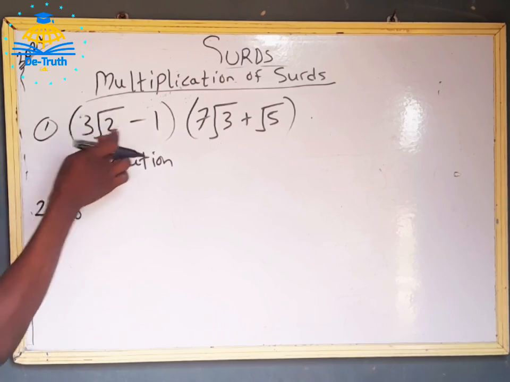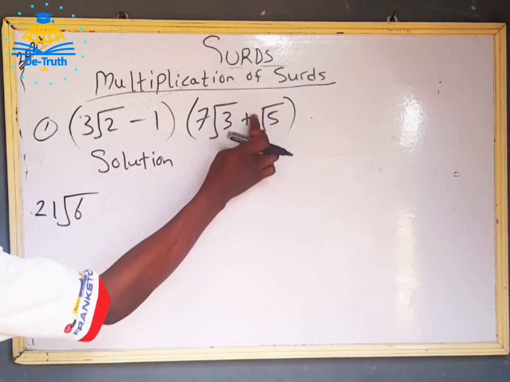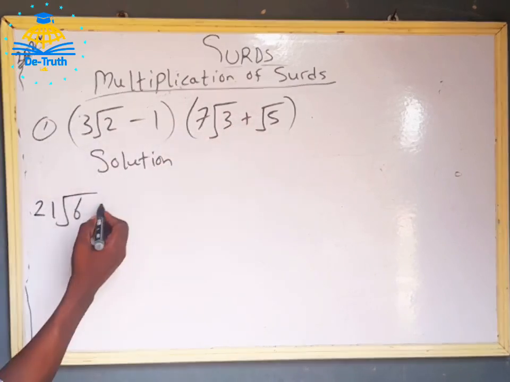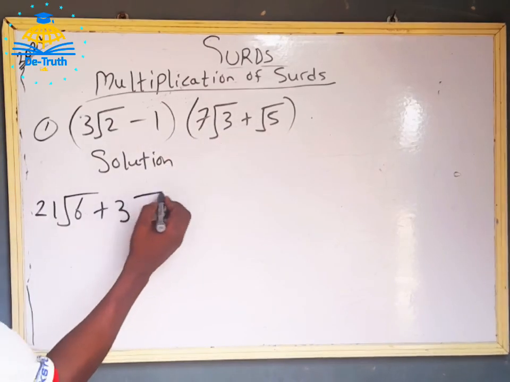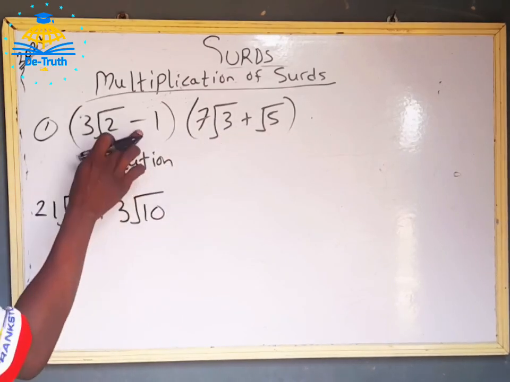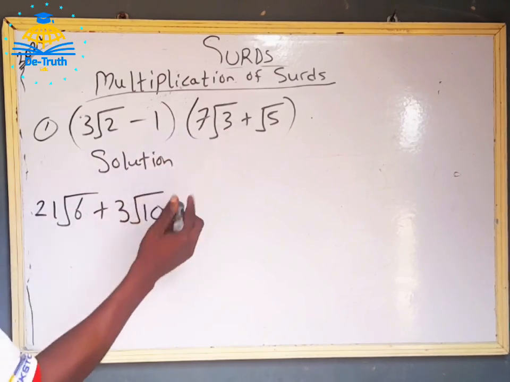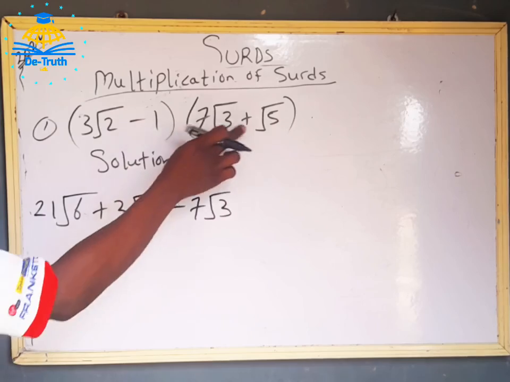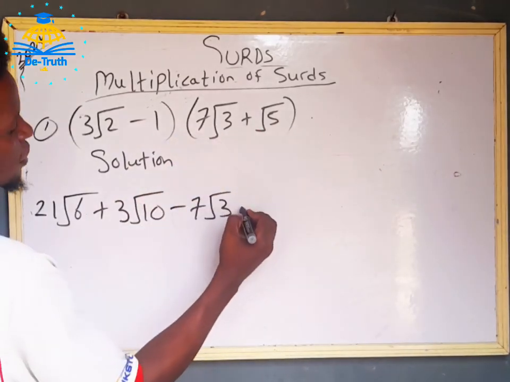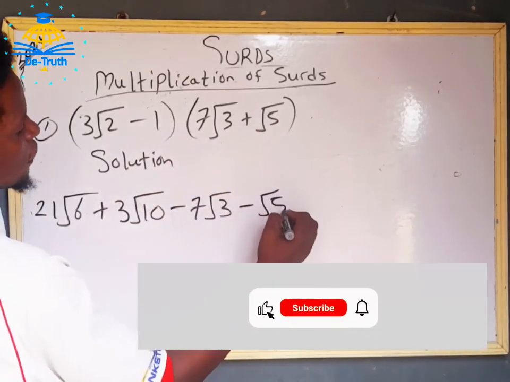Then 3 root 2 times root 5. We have 1 here, so 3 times 1 gives us 3. Then root 2 times root 5, that is root 10. Then minus 1 times 7 root 3 gives us minus 7 root 3. Then minus 1 times root 5 gives us minus root 5.